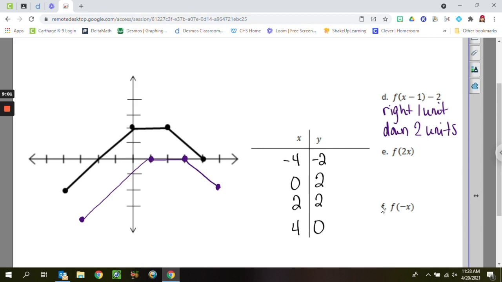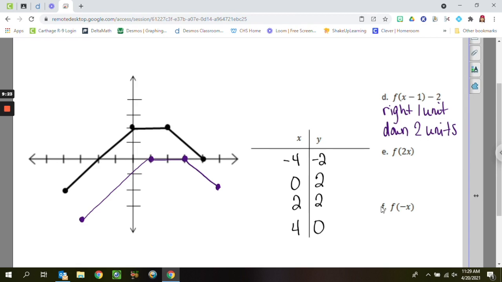Okay, so on E, what are we doing? We're multiplying something by 2, so we're doubling something.